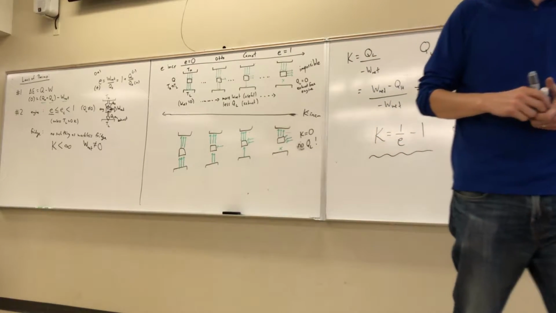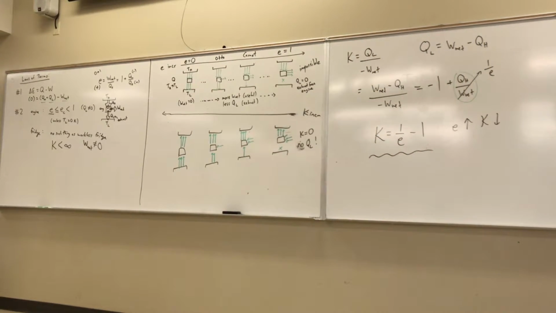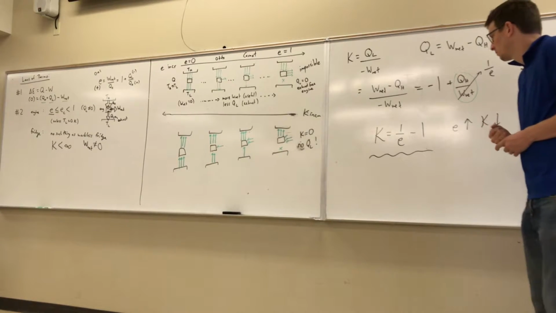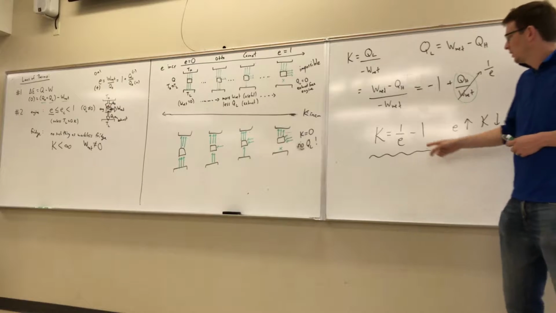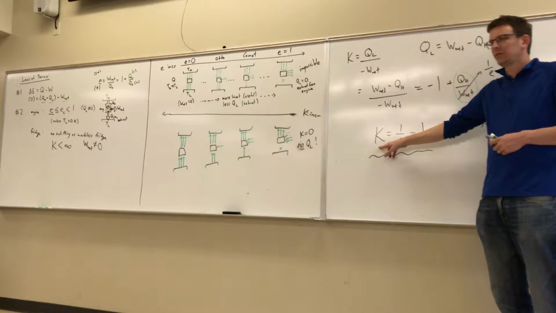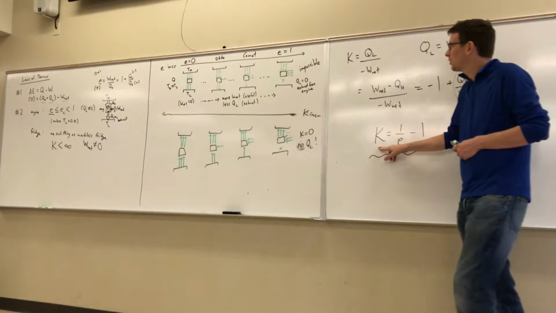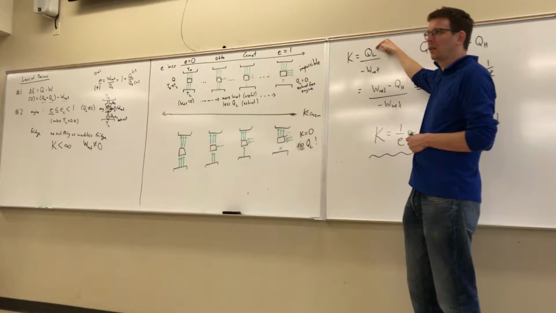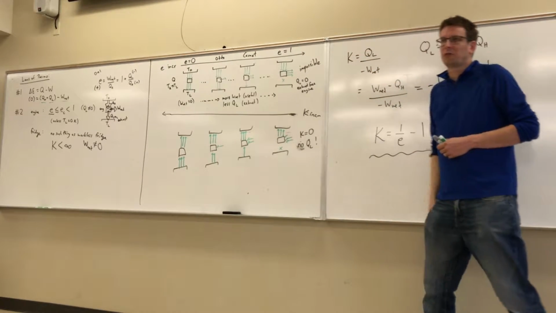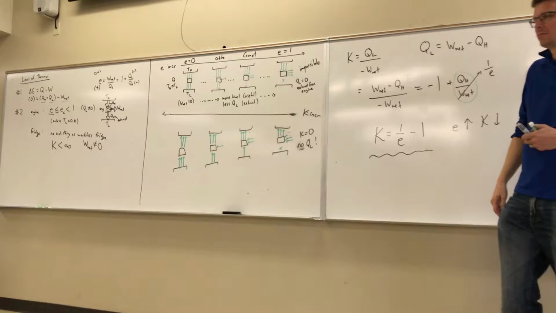You're trying to evacuate heat out of the lower temperature, and now you're not doing that. You can plug in here when E equals 1, K equals 0. Or you can just think of it as you don't have any QL. So the refrigerator is not doing its job.